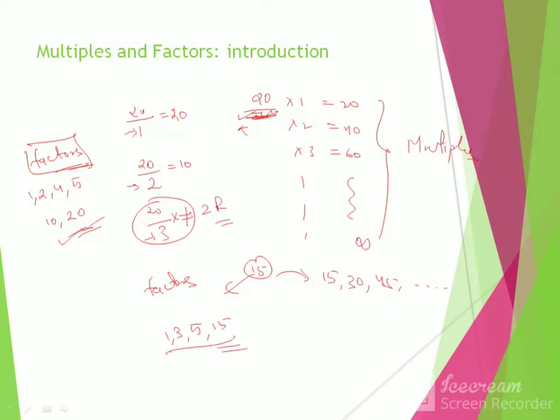So these are the 4 factors for this number 15, the natural numbers up to 15, and these are the multiples of 15 upon multiplying with natural numbers.